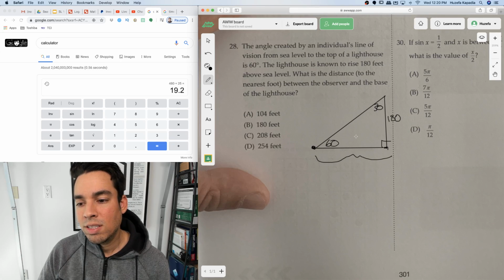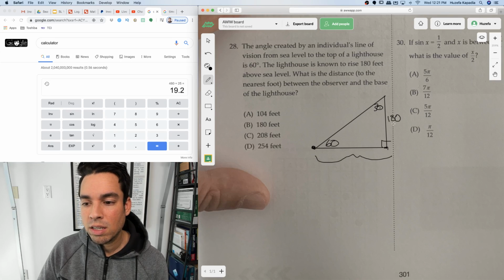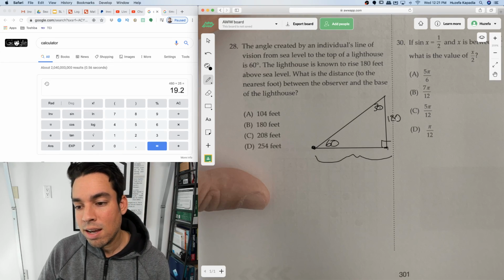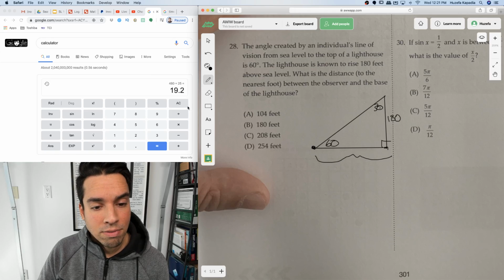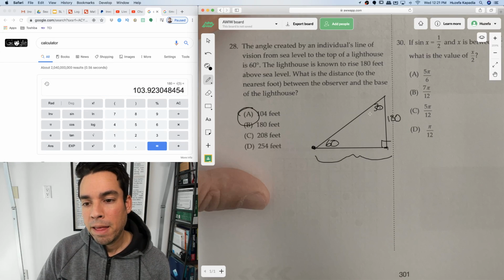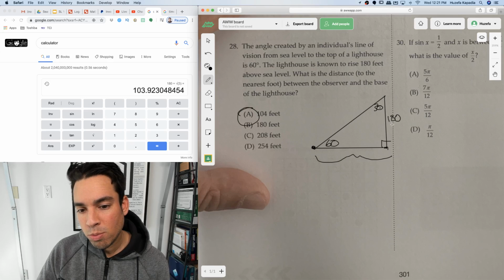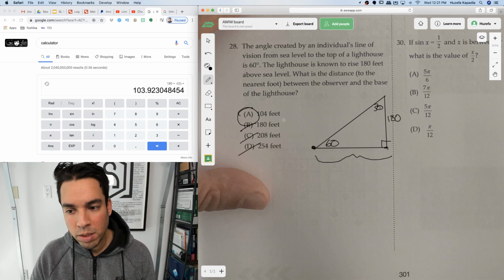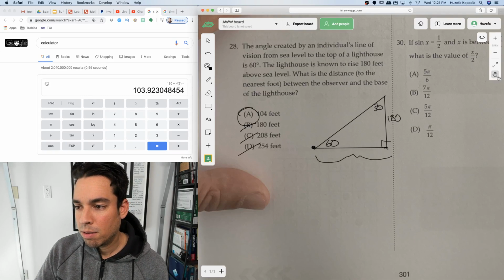This is 60, and this side is this divided by square root of 3, because it's a 30, 60, 90. This is the small side, and this is double, because this is this times square root of 3. So I'm going to say 180 divided by square root of 3 equals 103.9, or 104 feet. And that makes sense, right? This is a smaller angle, so this should be smaller than 180. We didn't even have to calculate that. All those are too big, right? Can't be.